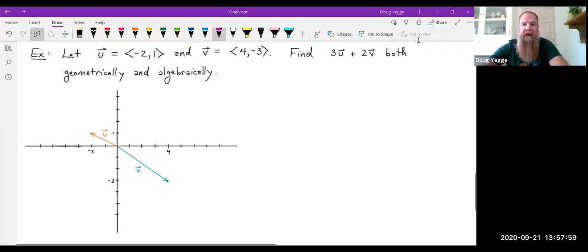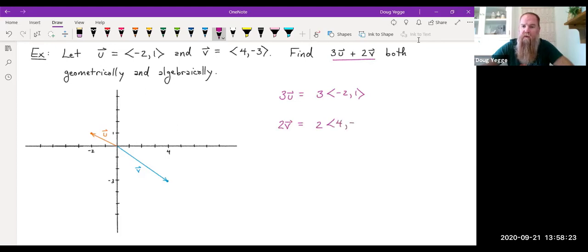Well, in order to add 3u plus 2v, we first of all have to think about what 3u is going to be, and separately what 2v is. These are just scalar multiples of the indicated vectors, and so we're simply multiplying 3 times the vector -2, 1, and we're multiplying 2 times the vector 4, -3.